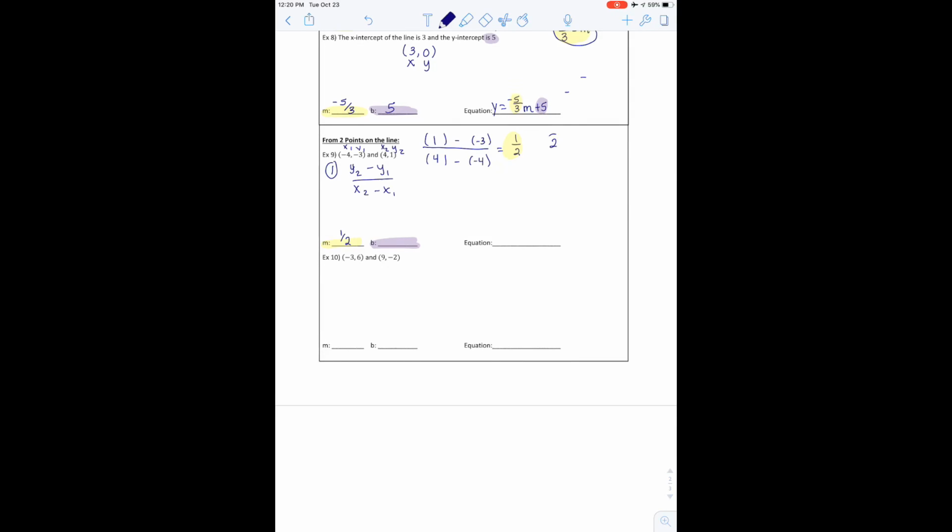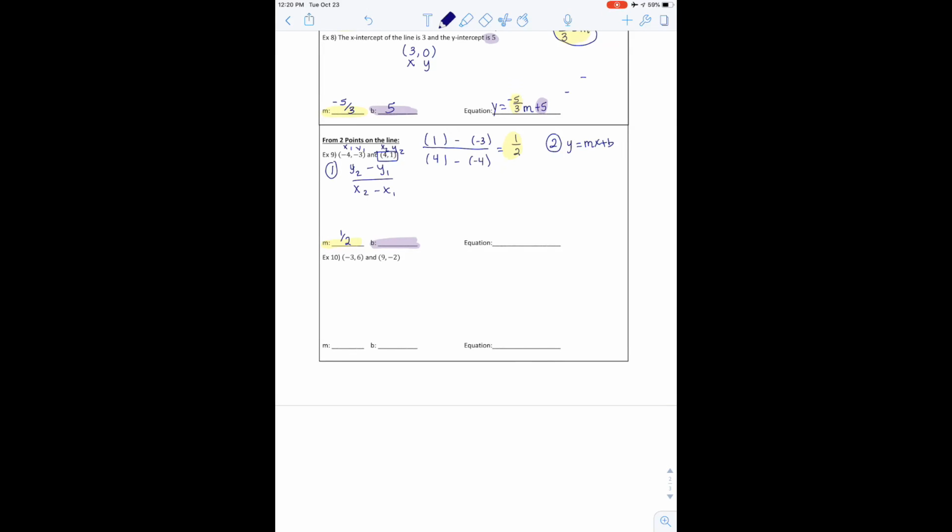Now step 2, we need to find b. So step 1 we found m, step 2 we find b. In order to find b, you're going to take the slope that you know, you're going to pick one of your points. I'm going to pick the point (4, 1). And we're going to plug everything we know into the equation y equals mx plus b.